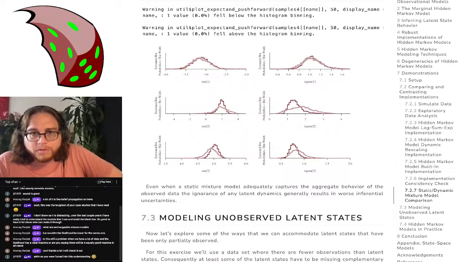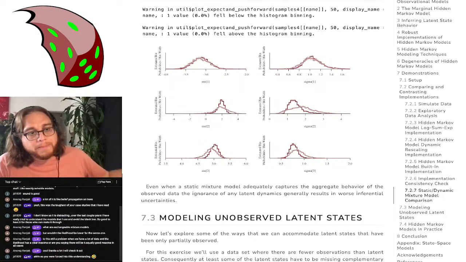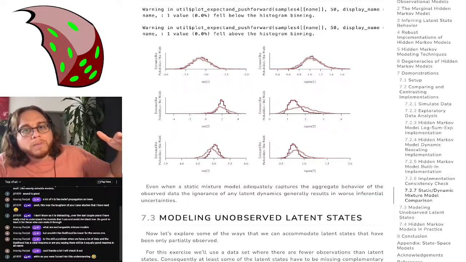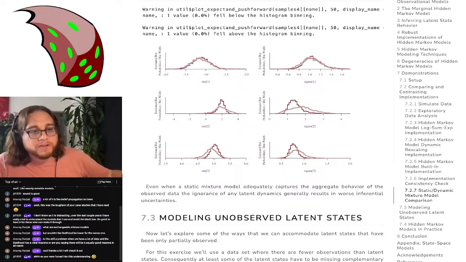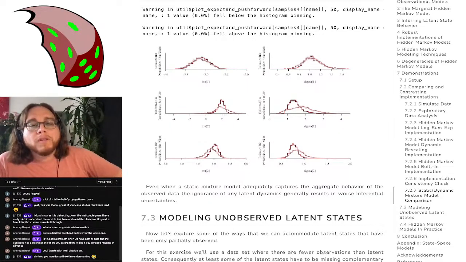Now, if we look at our inferences for our component observational model behaviors, we get some interesting results. They're basically consistent with each other. For the first component model, mu1 and sigma1 are basically the same whether we run an HMM or collapse everything together and run a single mixture model. But when we look at mu2, sigma2, mu3, sigma3, we can see the benefit of the HMM.